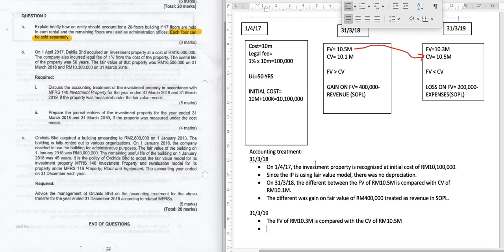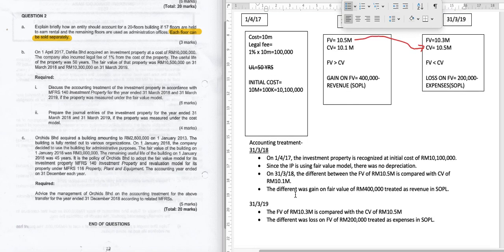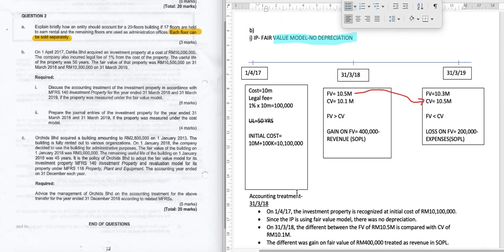Okay, the difference was loss on fair value of RM200,000, okay, treated as expenses in SOPL. Okay, so that's done for part 1.